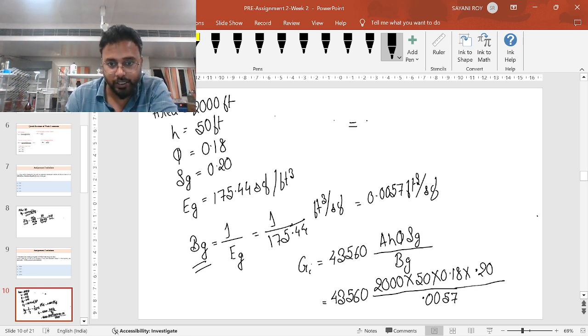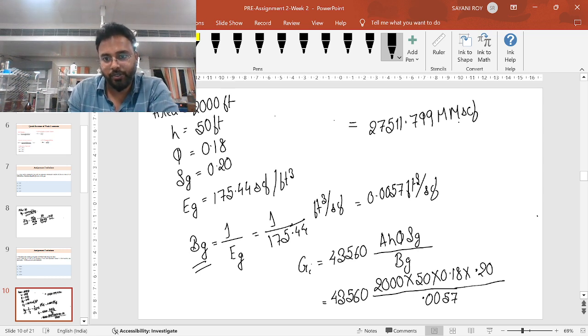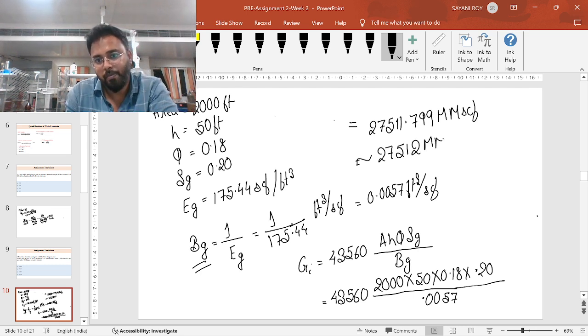If we calculate this, the answer should come out as 27511.799 mmSCF. So it will be 27512 mmSCF.